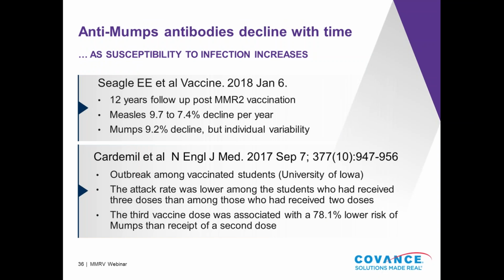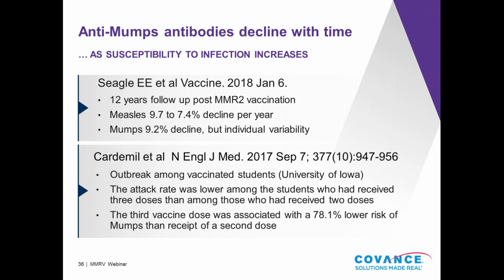In that regard, Seagle and colleagues published their findings upon a 12-year follow-up to the MMR vaccine among vaccinees. They found that most of the 302 participants were seropositive throughout the follow-up time. 1 month post-vaccination with the second dose, the geometric mean titer to measles was high, but declined on average 9.7% per year among those with the same baseline titer.